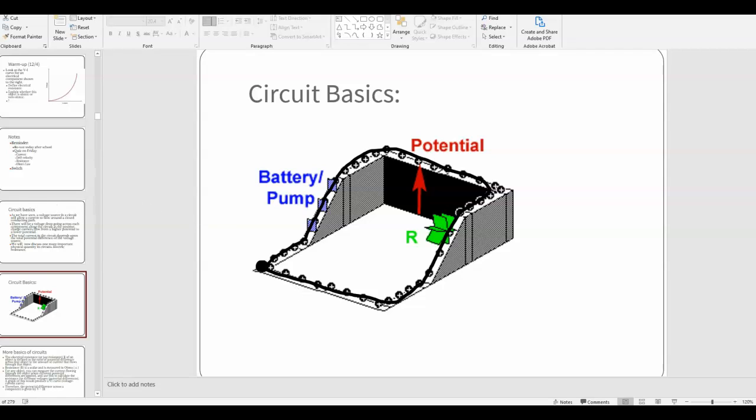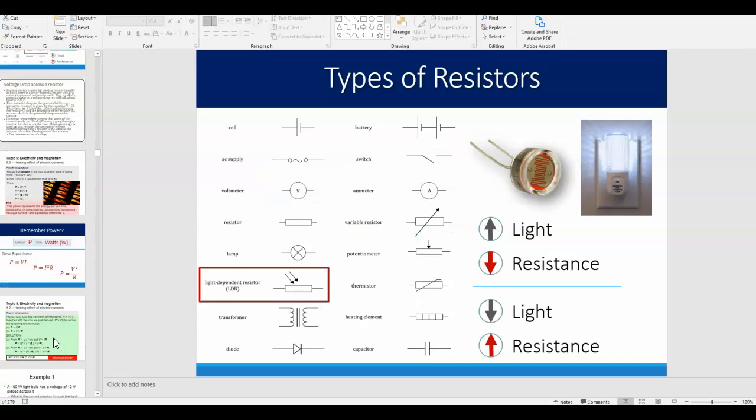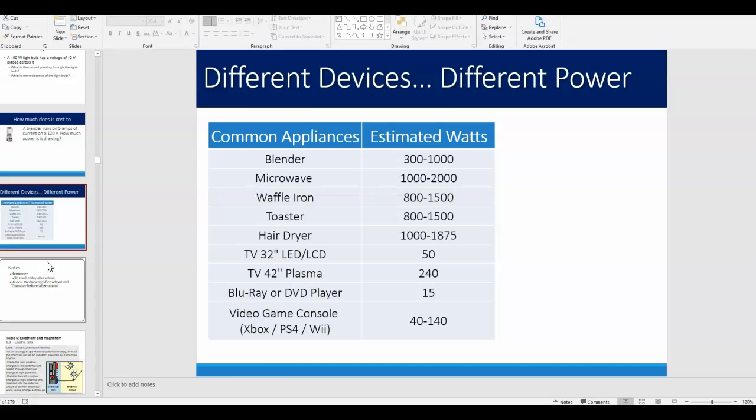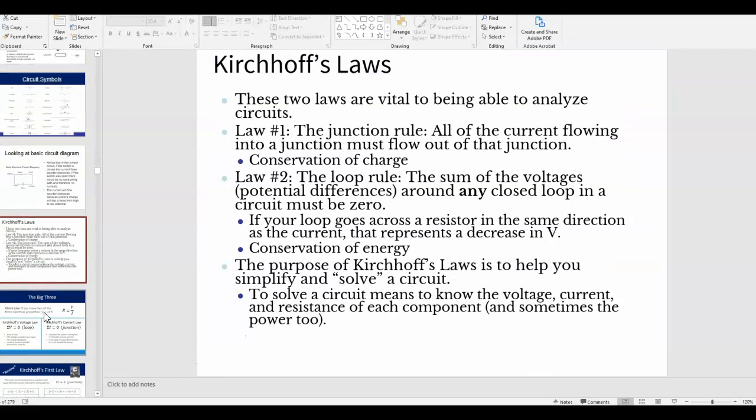Again, the loop rule is just a statement of conservation of energy. It's true for this really simple circuit, but it's also true for the most complicated circuit you can think of. The loop rule has to be true because energy has to be conserved. I guess it would be more accurate to say that in all of the problems we're going to see at this level of physics, the loop rule has to be true.